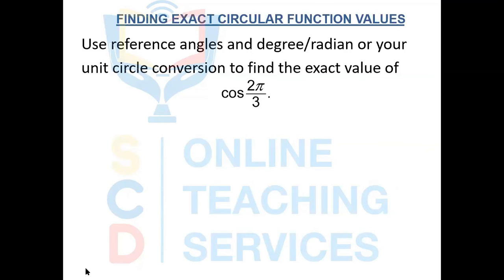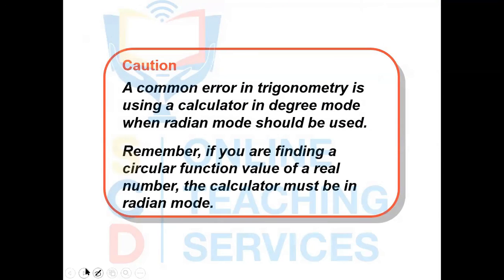Negative 1/2. Okay, so caution, always remember, Jessalyn, that a common error in trigonometry is using a calculator in degree mode when radian mode should be used. If you are finding a circular function value of a real number, the calculator must be in radian mode.